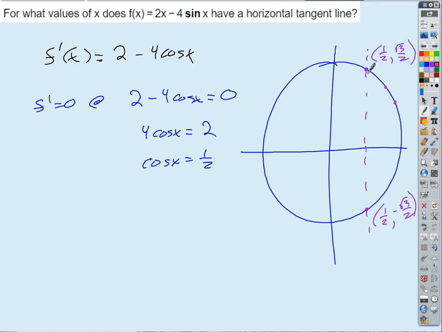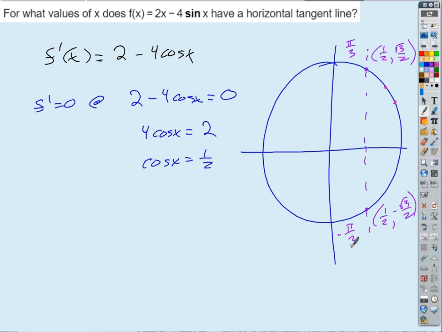So that's pi/3. What's this one down here? We could just call it negative pi/3. We would just go backwards pi/3.